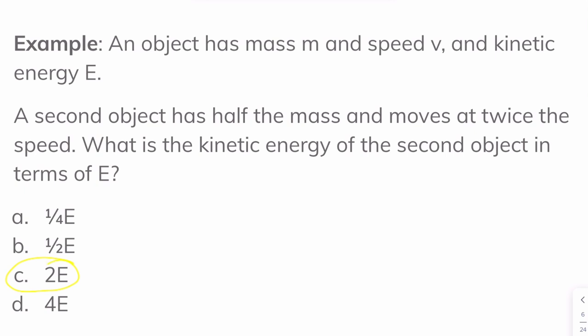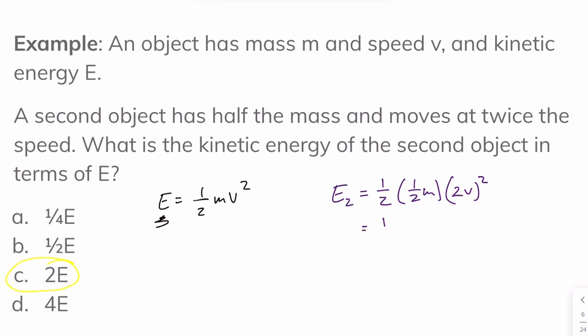Another way to think about this is algebraically. Sometimes we can lay these out if we get a little bit confused. So we know that E is equal to 1/2 mv squared. That's the original E, the original amount of energy. Then I can create a new variable, sometimes I call it E2 or something like that. I know it's going to be equal to 1/2, and now I'm going to have half the mass and 2 times the speed squared.